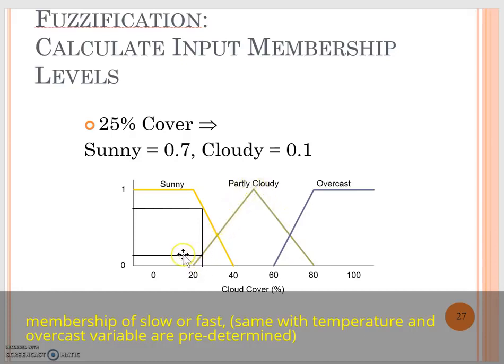So 0.1, and it also intersects with the yellow line, that is sunny, at 0.7 here. So we can say that at 25% cover, it's only 10% cloudy or partly cloudy, and 70% sunny. Based on this, we put it back into the rules.